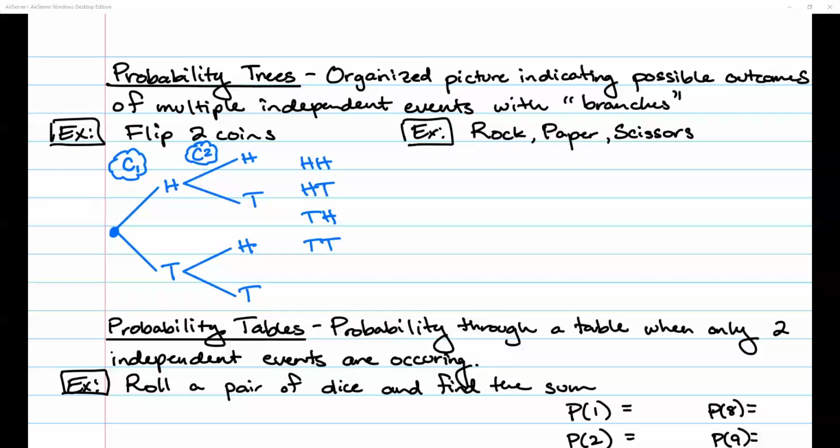Now, some students get confused and say, wait, Mr. Lechuga, aren't these two the same thing? And I will say, kind of, but it's actually a different combination. I know you're seeing a heads and a tails and a tails and a heads and wondering if it really matters. It is a different combination because here, the quarter was a heads and the dime was a tails, and on this one, the quarter was a tails and the dime was a heads.